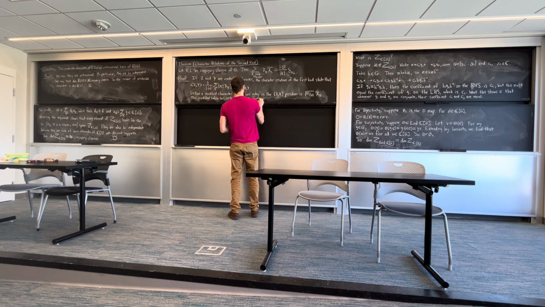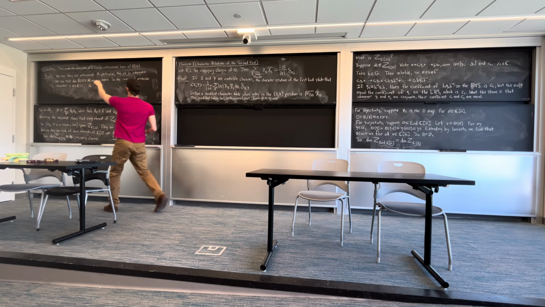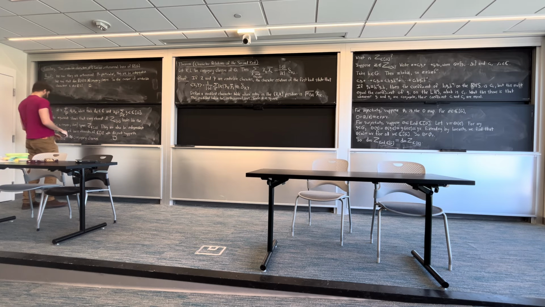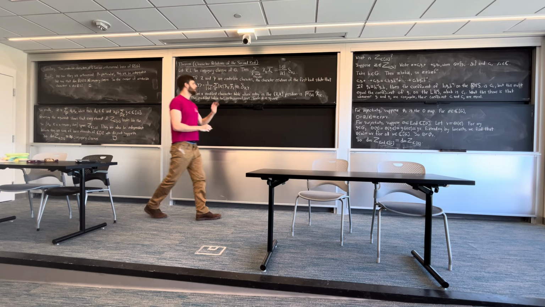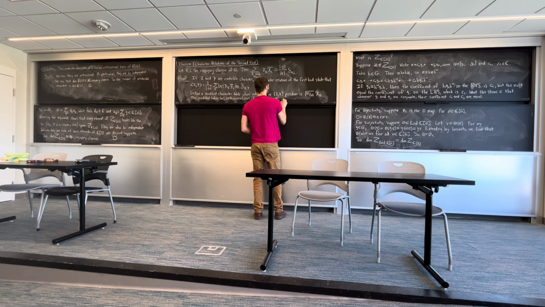Since it is square, so we're using the fact that the character table is square, which is coming from the theorem, it is a unitary matrix.